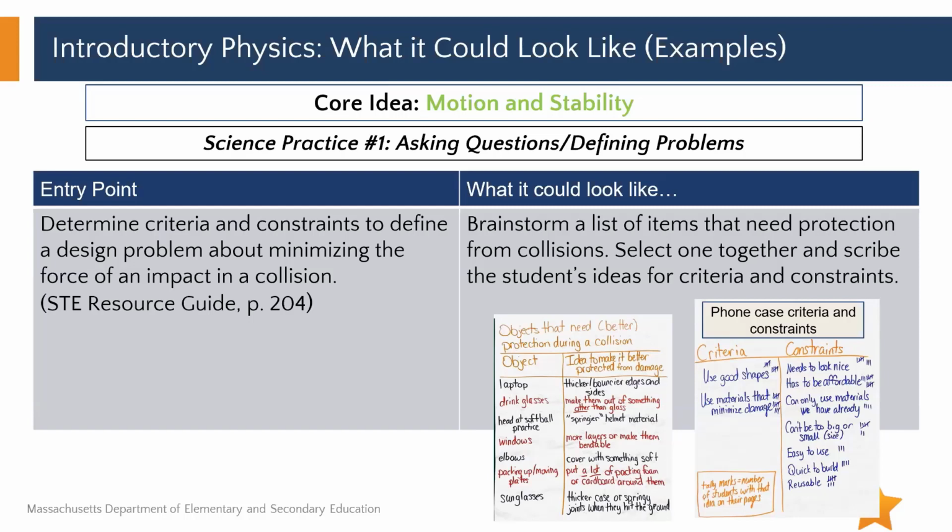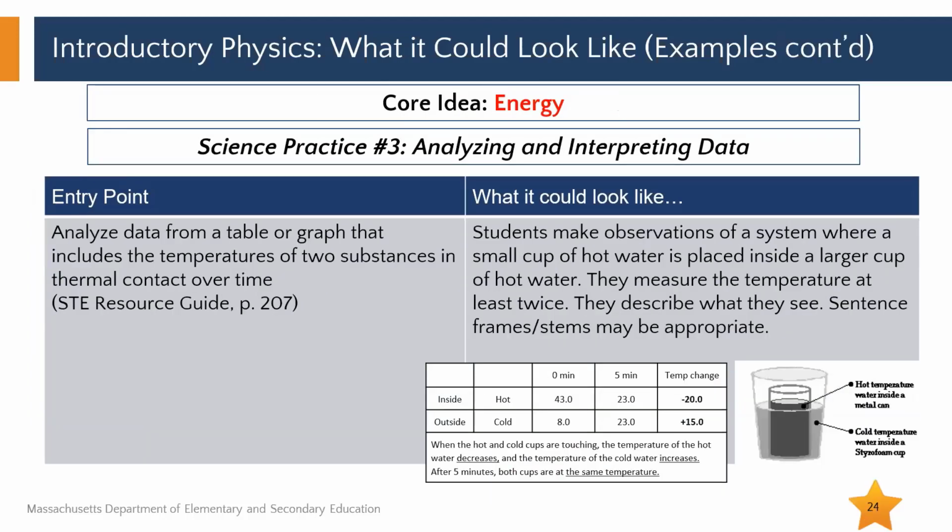This is a phone case criteria and constraints, and then you can work with the students individually and talk about their ideas and their criteria, and that is a great way to get them interested in this science and technology, motion and stability. The next core idea is energy.